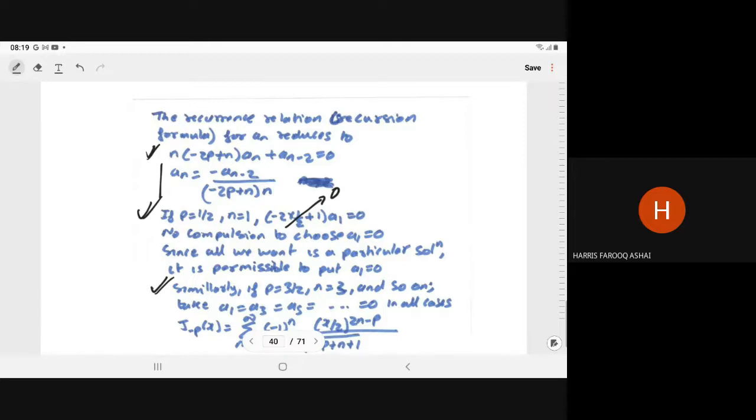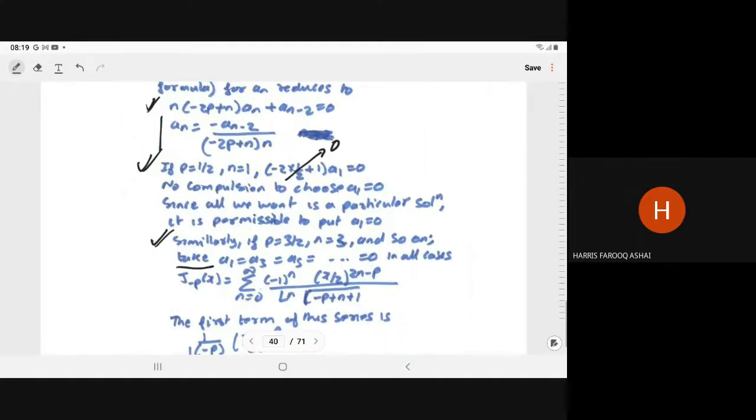So here we just assume that a1 is equal to a3 is equal to a5 is equal to 0, right? In that case you will get J of minus p. We are facing the problem, but there we have the compulsion to assume a1, but here we haven't the compulsion, but we are assuming that a1 is equal to 0.